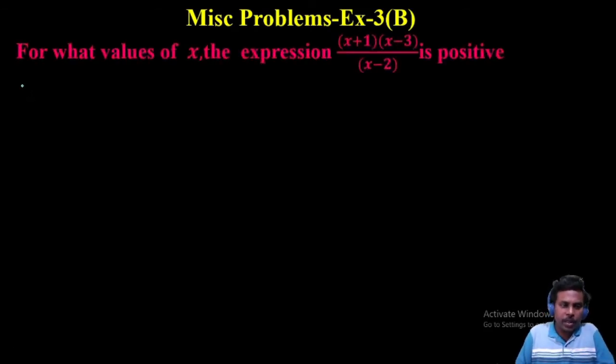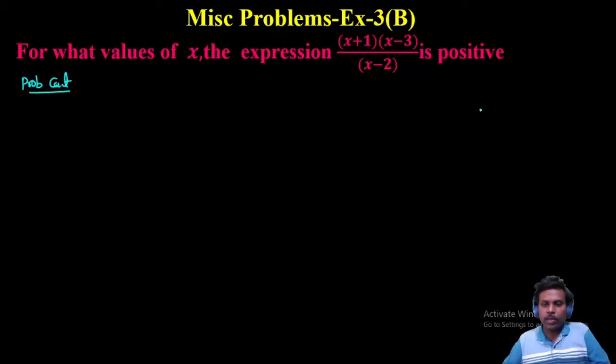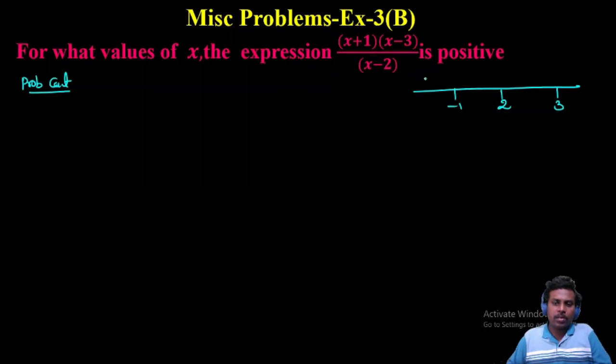The problem is continued here. So let me draw the real number line here also. Here you have -1, here you have 2, and here you have 3. So this is region 1, this is region 2, this is region 3, and this is region 4.